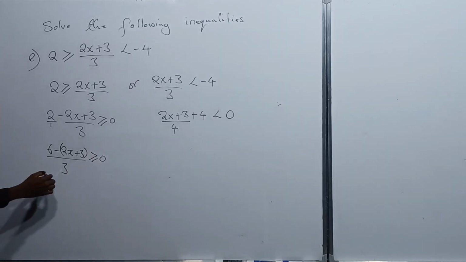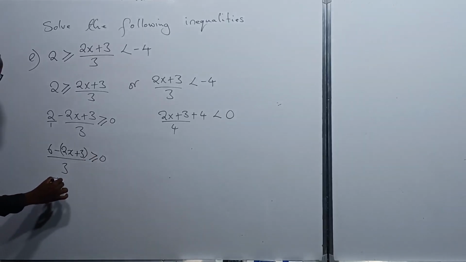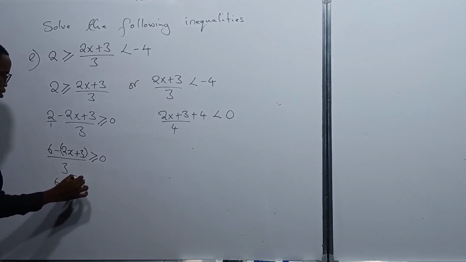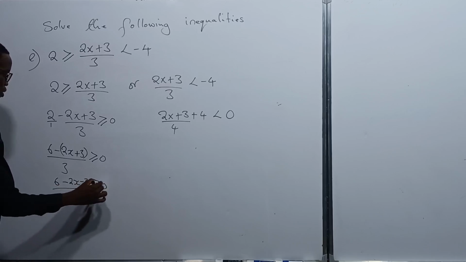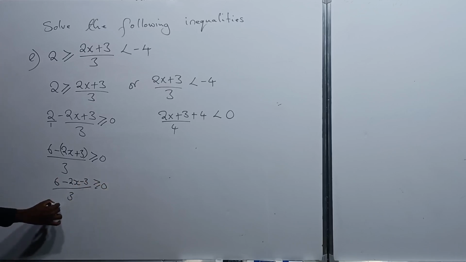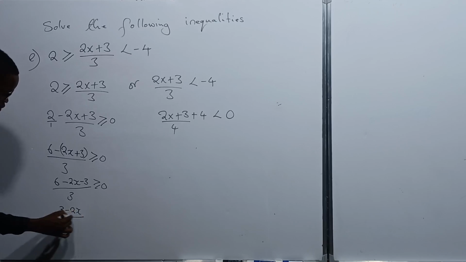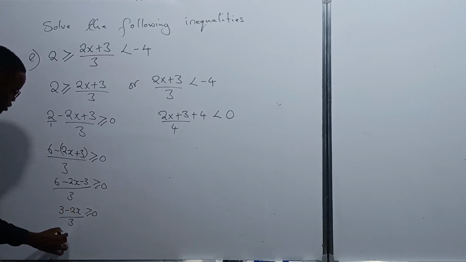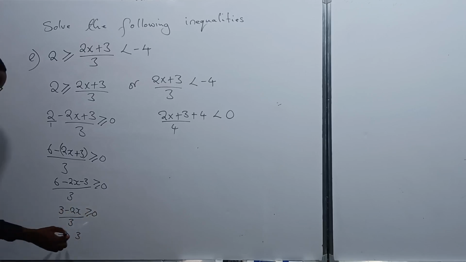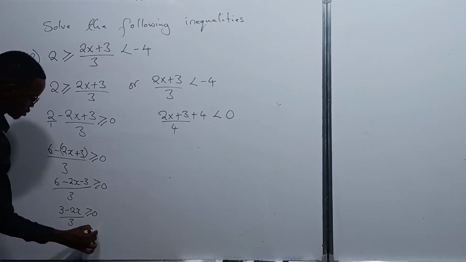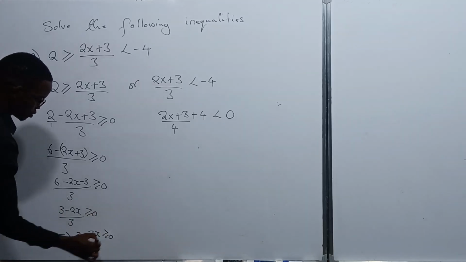So then we have 6 minus 2x minus 3 over 3 greater than or equal to 0. So here we're going to have 3 minus 2x over 3 greater than or equal to 0. If we do cross multiplication, the 3 will disappear. So we're going to have 3 minus 2x is greater than or equal to 0.